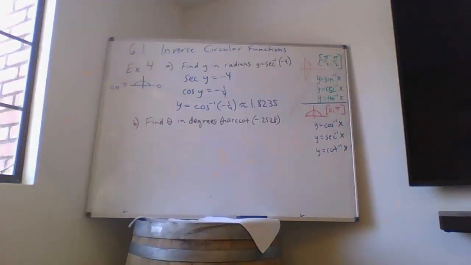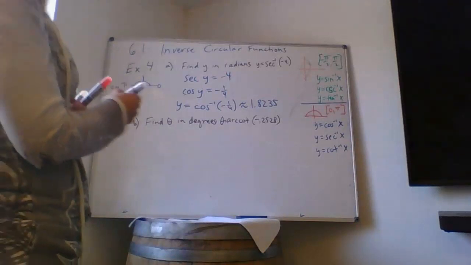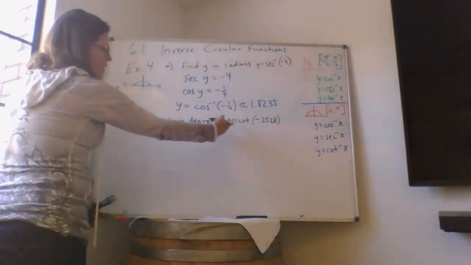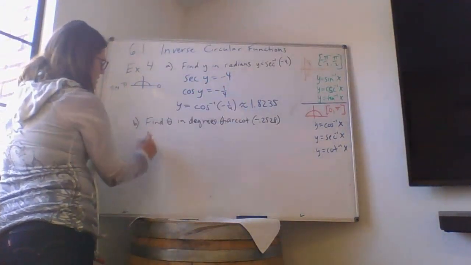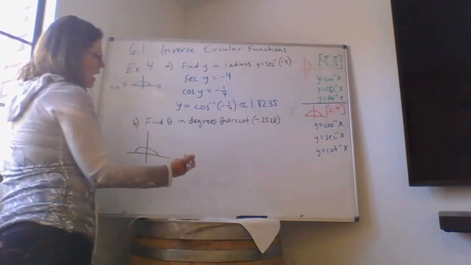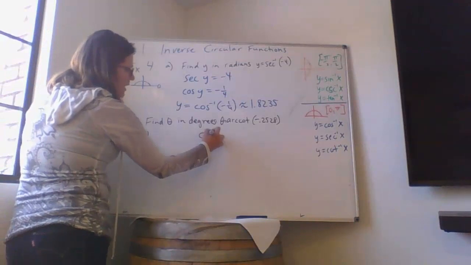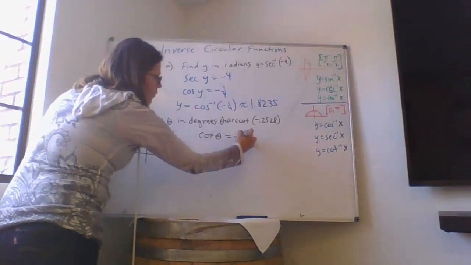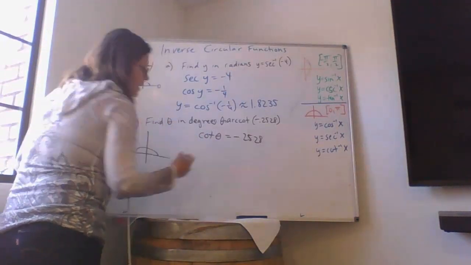B, find theta in degrees, where theta equals arc cotangent of negative 0.2528. So let's first notice that arc cotangent must be in between 0 and pi. Now, let's convert. Cotangent of theta equals negative 0.2528.